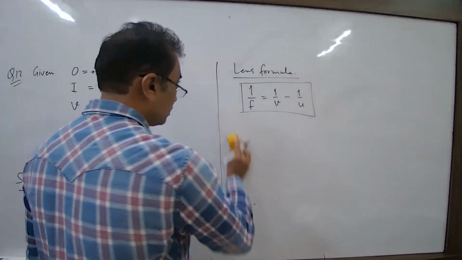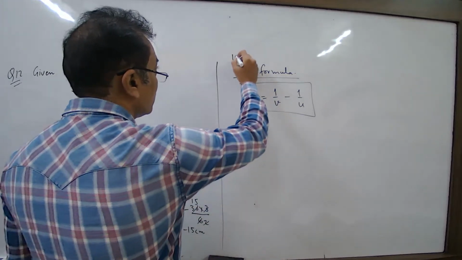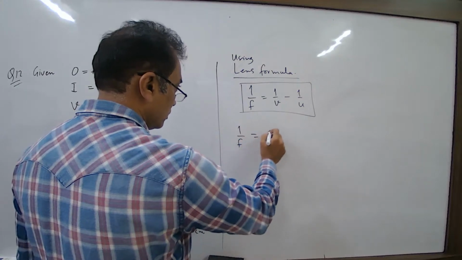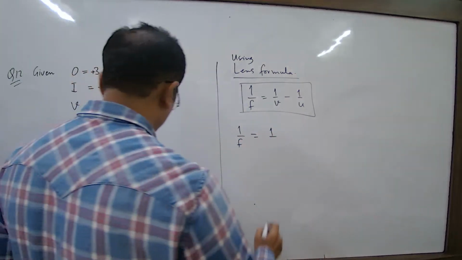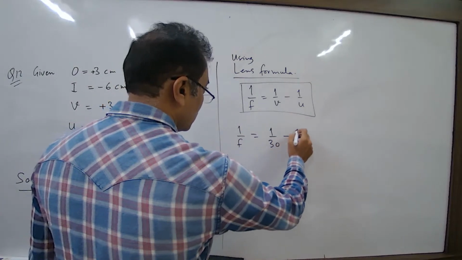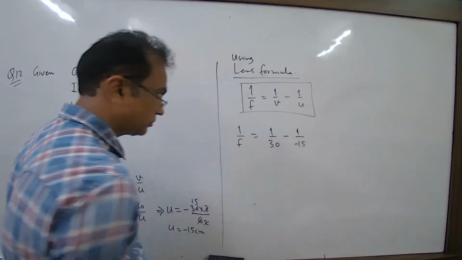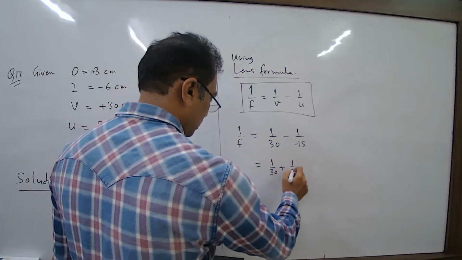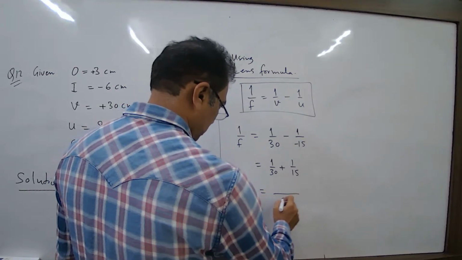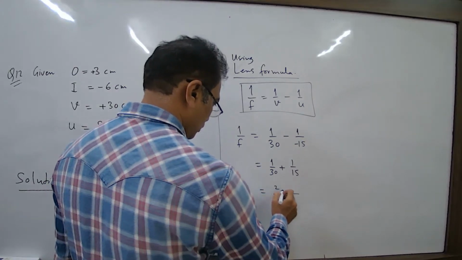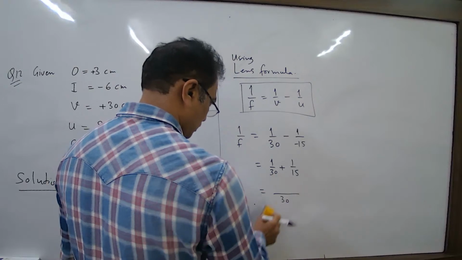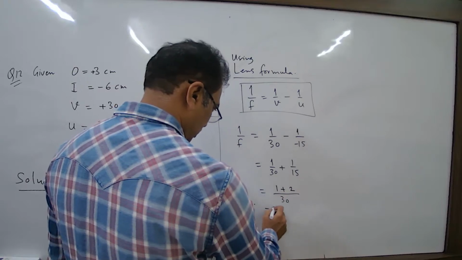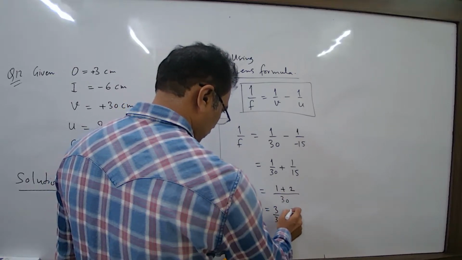We got the position, now use the lens formula. Using the lens formula, what is 1 by F? V is 30, so 1 by 30 minus 1 by minus 15. So this is 1 by 30 plus 1 by 15. Take the LCM 30, this is 1 plus 2, so this is 3 by 30, which is 1 by 10.